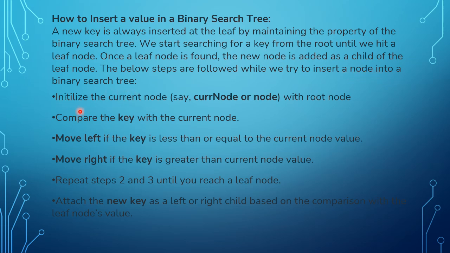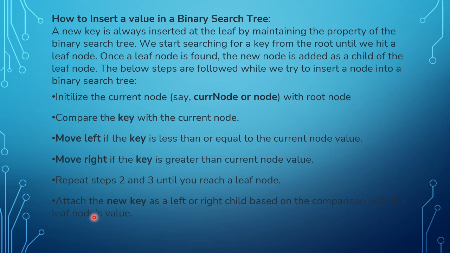First step, initialize the current node with the root node. Compare the key with the current node, as I said. Move left if the key is less than or equal to the current node value, and move right if the key is greater than the current node value. Repeat steps 2 and 3 until you reach the leaf node.